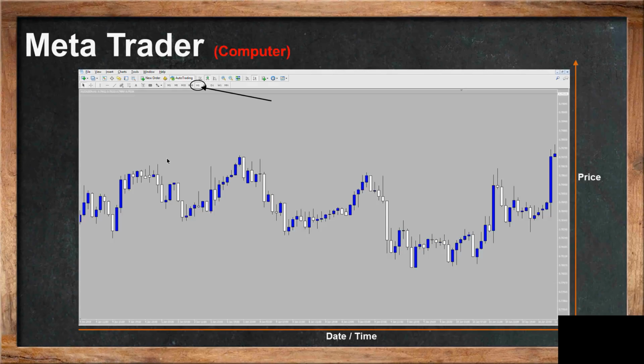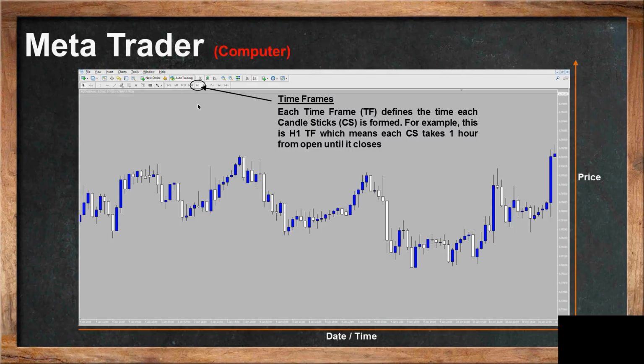The most important thing to note on MetaTrader is the time frames. If we have the H1 time frame, that tells you that each candle is 1 hour long, so the candles are formed over the period of 1 hour. M1 is 1-minute candles, then you have 5-minute candles, and so on.